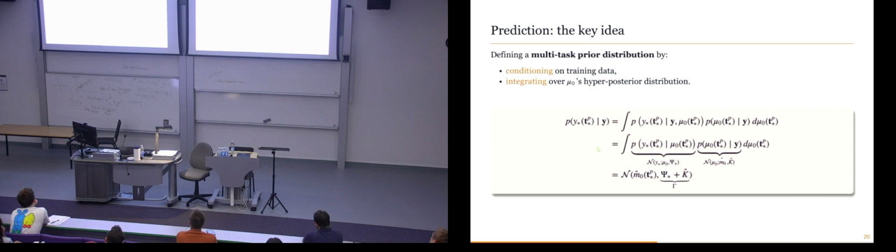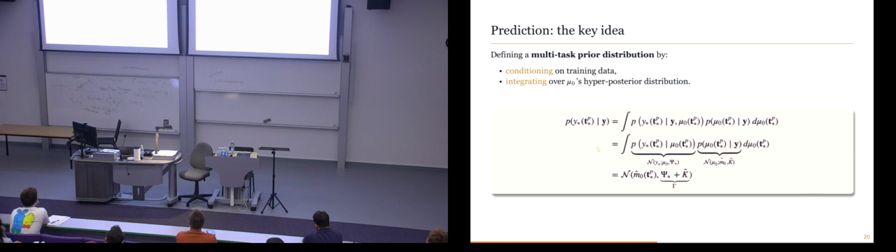Once you do that, you have this quantity that is just the conditional likelihood coming from the model assumptions, like y star conditioned over the mean process, so that's a Gaussian centered on mu0. And this quantity, this little guy here, we've learned that during training. That's the hyperposterior distribution over mu0 conditioned over y. So we have a Gaussian here, we have a Gaussian here, and if you followed this morning's talk, the result remains Gaussian.